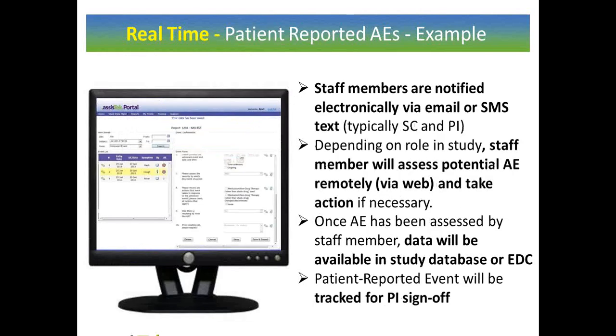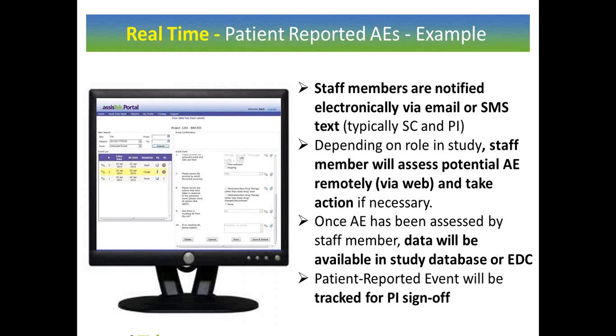So once the subject actually completes the patient-reported untoward event or undesirable event, the staff members again are notified via email or text messaging, or this is what we would expect to happen. And depending on the role in the study, the staff member would assess what we refer to as a potential AE.